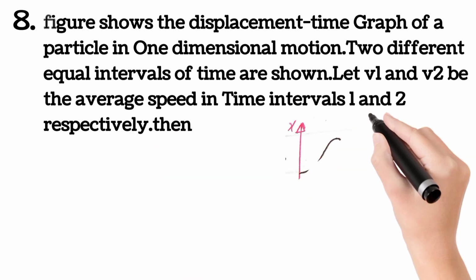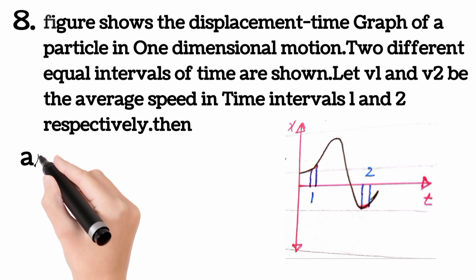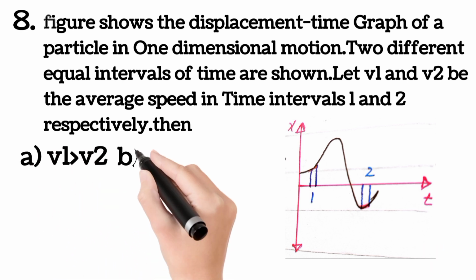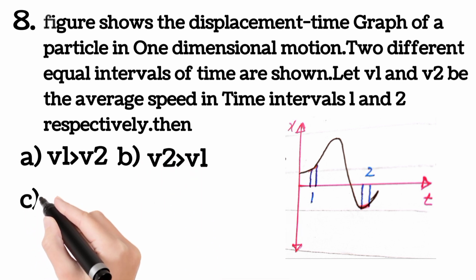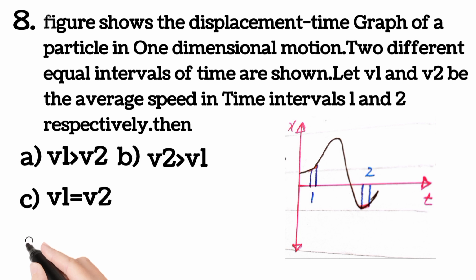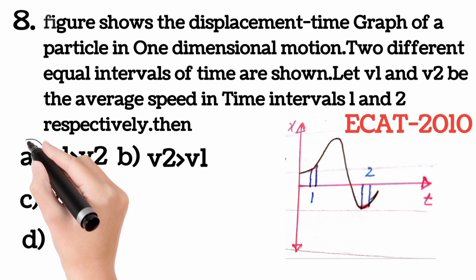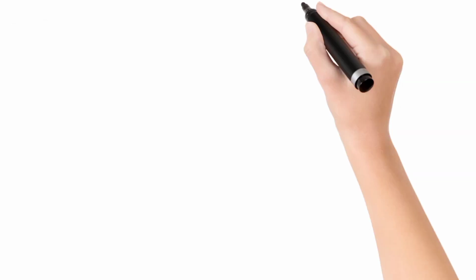Then here is the picture of the particle motion. A option is v1 is larger than v2. B option is v2 is larger than v1. C option is v1 is equal to v2. D option is none of these. The MCQ was asked in ECAT 2010 and the correct option is A. Let's see how.